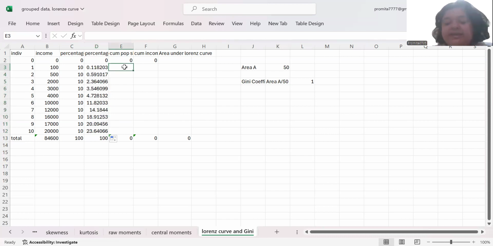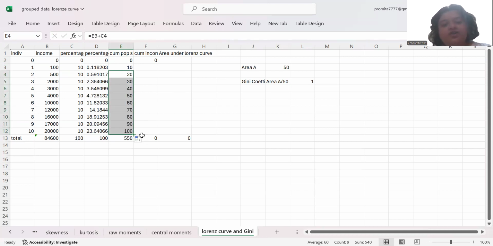Then we will be calculating every individual's cumulative population share. So for the first one, it's just the individual value. Second one onwards, previous cumulative value plus next percentage value, and then we drag and drop.